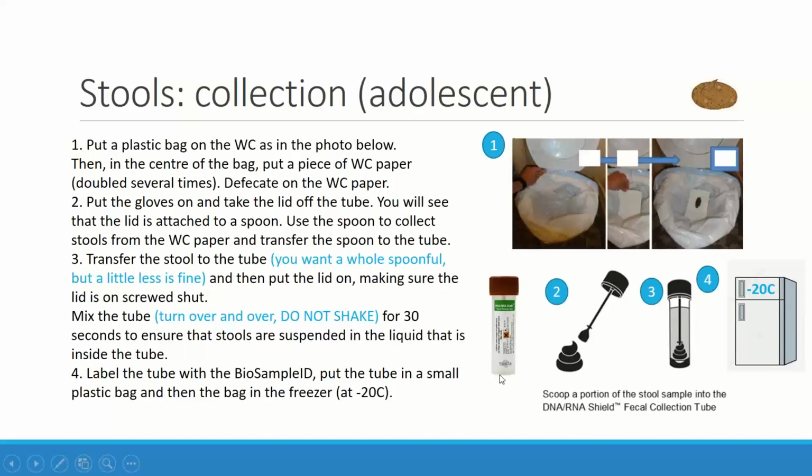What's really important is that they collect a whole spoon of stools, if possible, and mix it very well with the liquid that is inside the tube. The other things can be modified. It's just the logistics of how to do this.